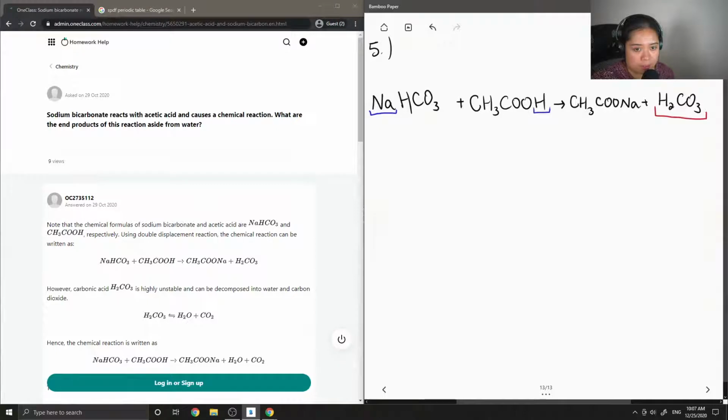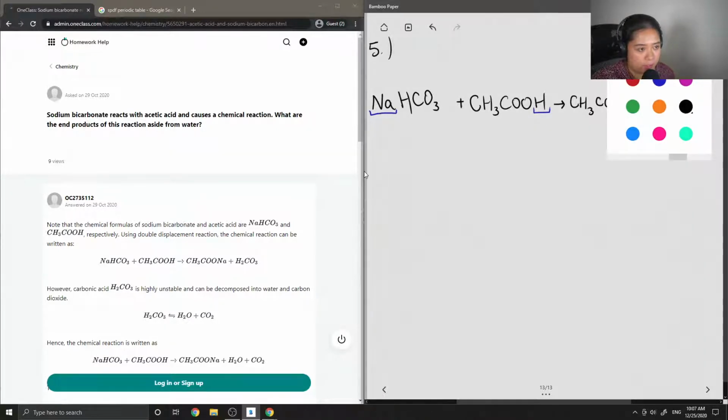However, this molecule is unstable and it can be broken down further into water and carbon dioxide. So let me just rewrite the reaction down here.